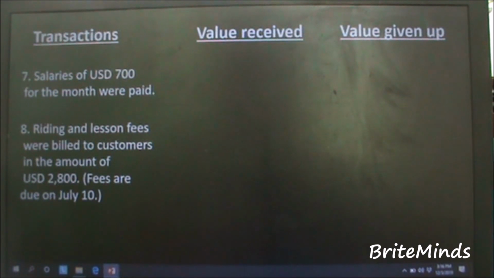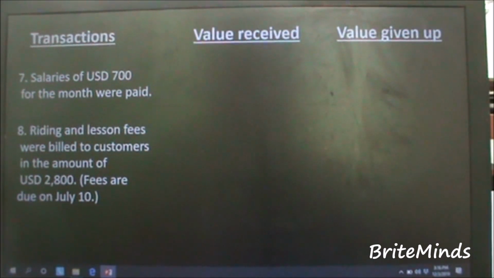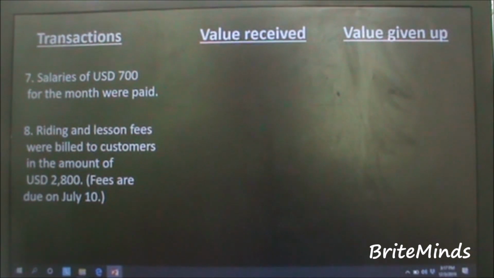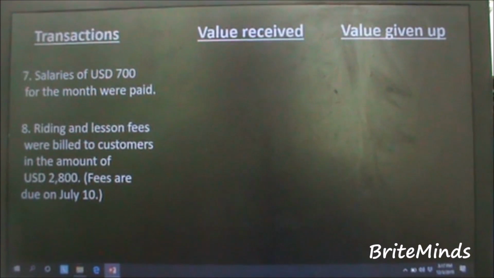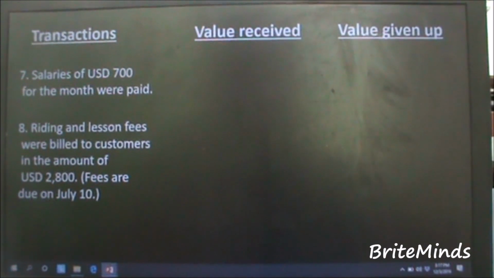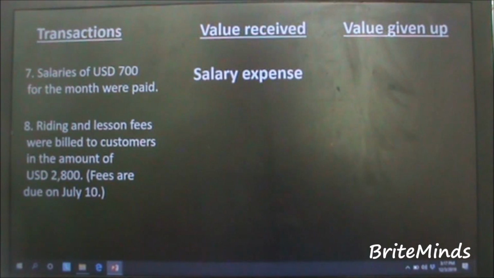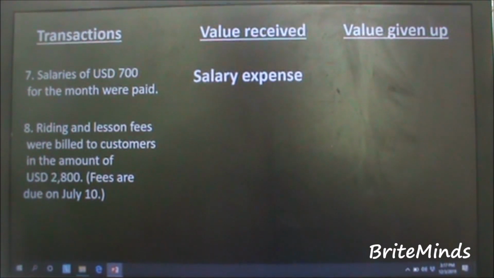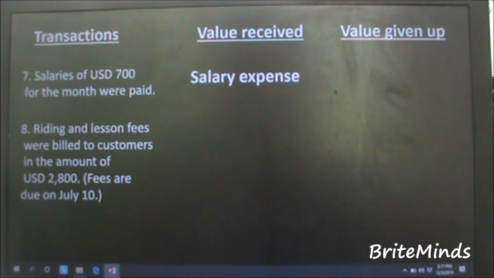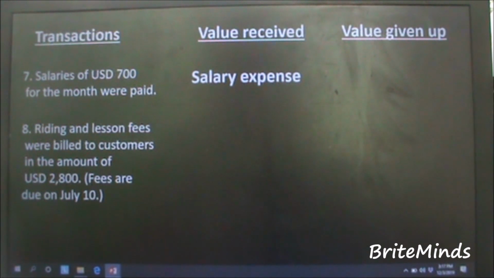Another transaction says salaries of 700 US dollars for the month were paid. So what is the value received? Of course, the salary expense, the services performed by the employees, and in return the business entity pays salary.